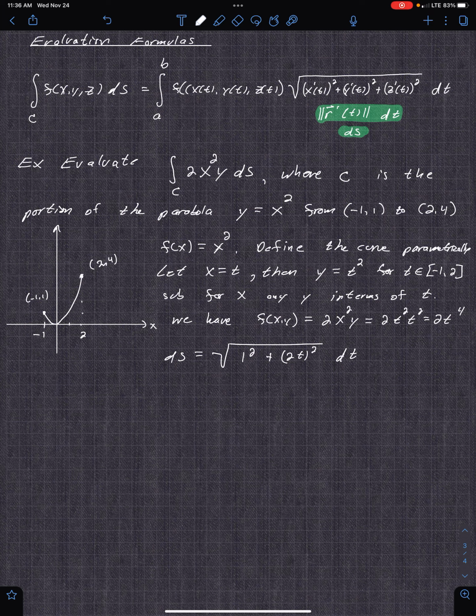Now we substitute that, so you have to calculate your ds all the time. You've got to figure out what that is. Now we take this and plug it back in and do that substitution.